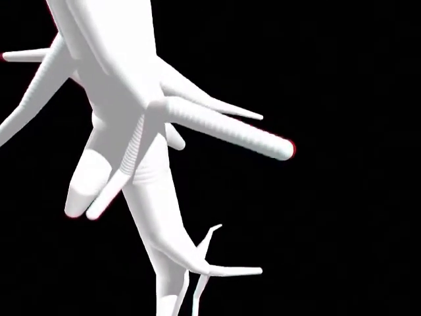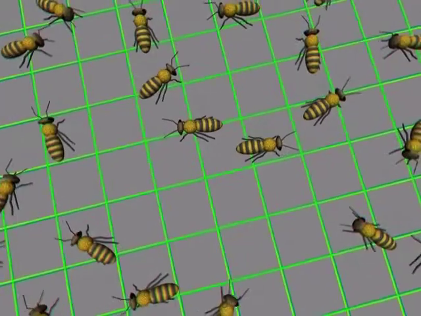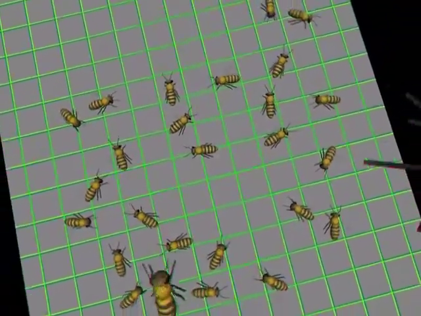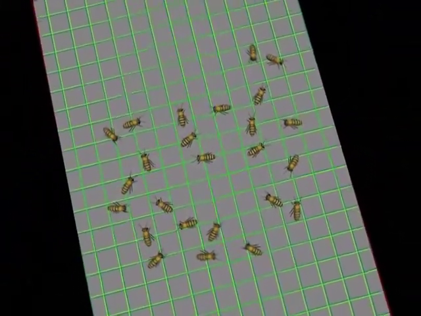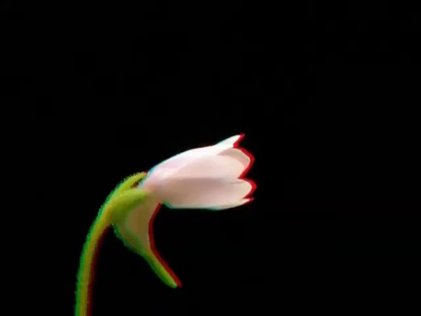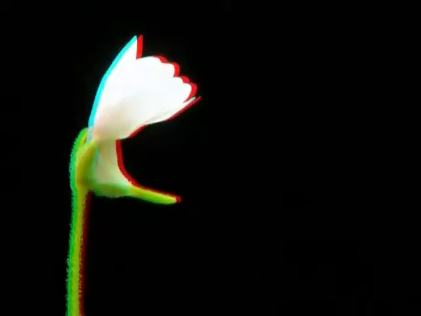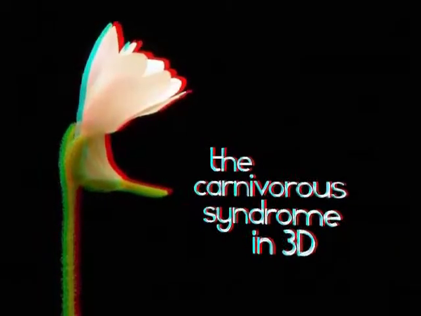In order to survive, plants adapted and began to trap nutrient-rich insects. Plants which capture, kill, and consume animal prey exhibit the Carnivorous Syndrome.